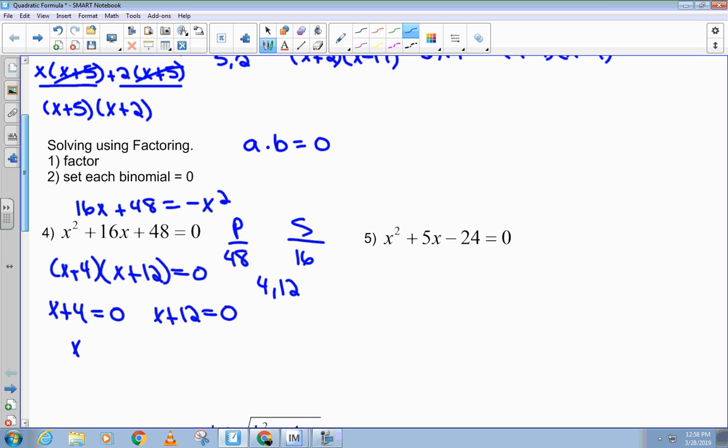Subtract 4 from both sides and subtract 12 from both sides. And those are my two solutions to the equation. Anytime you have an equation that's got the x squared, that means you have two potential solutions. They may not both work. Those are the potential answers.